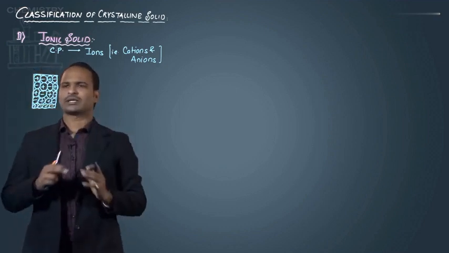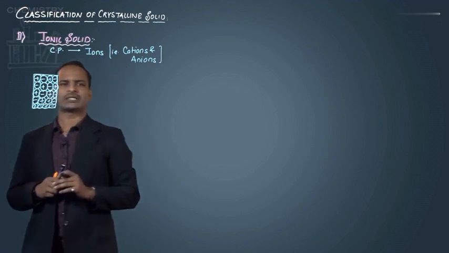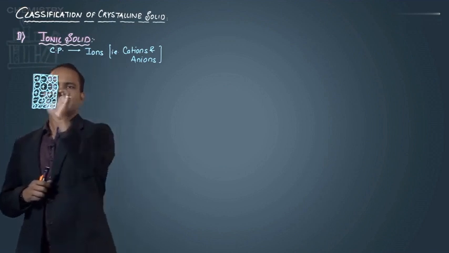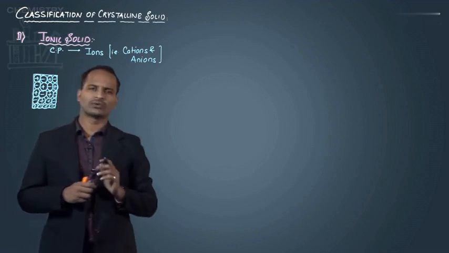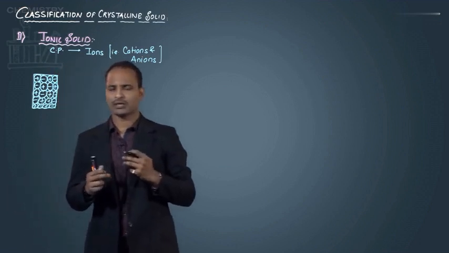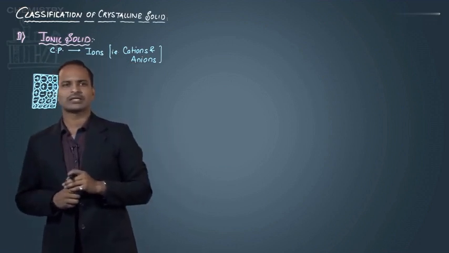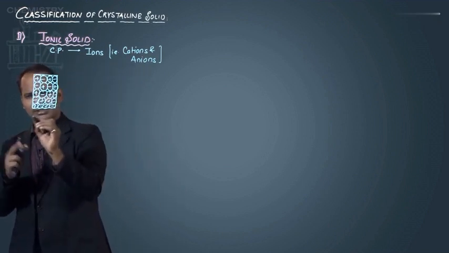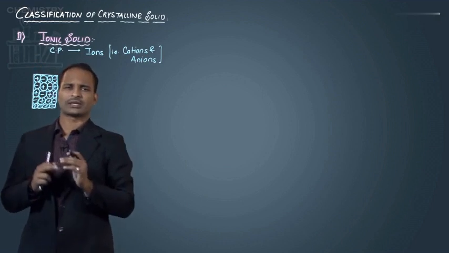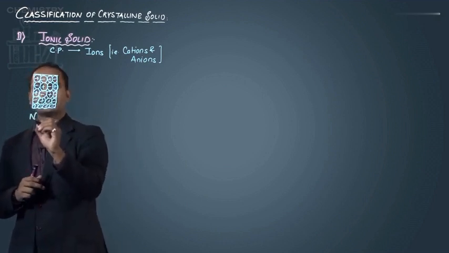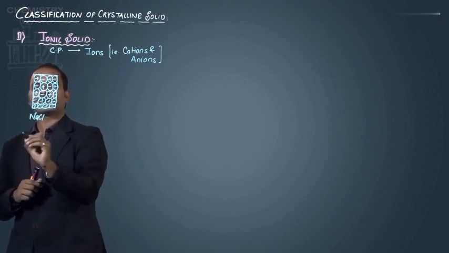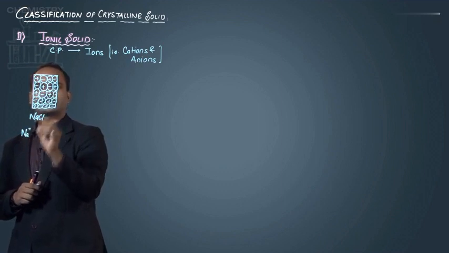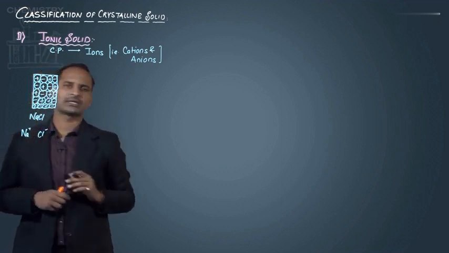This is the crystal lattice of an ionic solid which contains cations as well as anions. Here you can see that no two cations or no two anions come together. After every cation there is an anion, and after every anion there is a cation. Suppose this is a crystal lattice of NaCl. Then these positive ions are the Na plus ions, and the negative ions are the Cl minus ions.